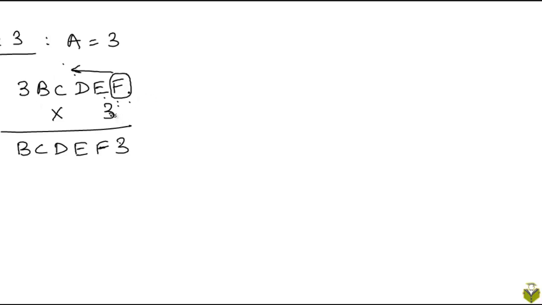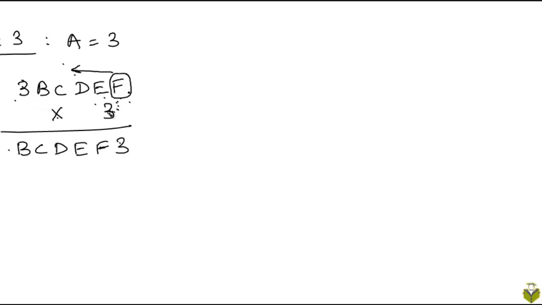We know that this is a 6-digit number and we are multiplying it with a 3 and we are still getting a 6-digit number. Now we also know that the leading digit here is a 3. So the product of 3 and this number must be at least 900,000.